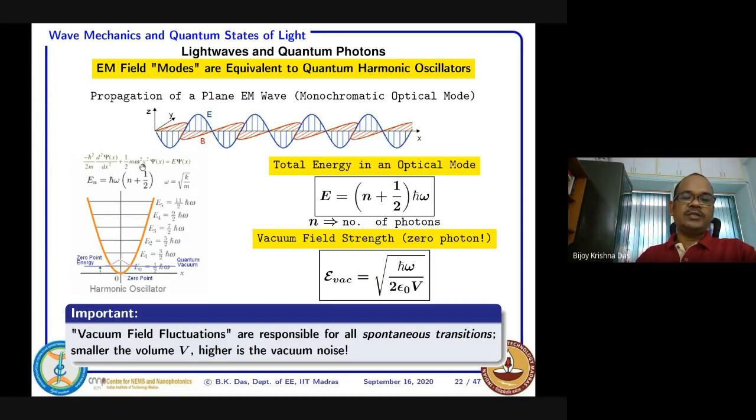As a function of x, it is like a parabolic function. This is the potential energy, and this part is called kinetic energy. So total energy can be represented by the 1D Schrodinger wave equation.